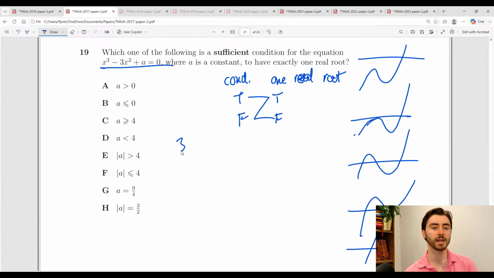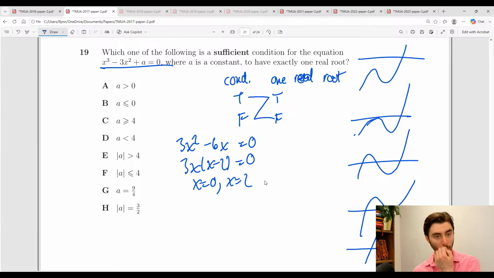So let's differentiate. So x equals 0, x equals 2. When we plug in x equals 0, the turning points are at 0, a, and we plug in 2, this would be 8 minus 12 is minus 4, so we get 2 and a minus 4.